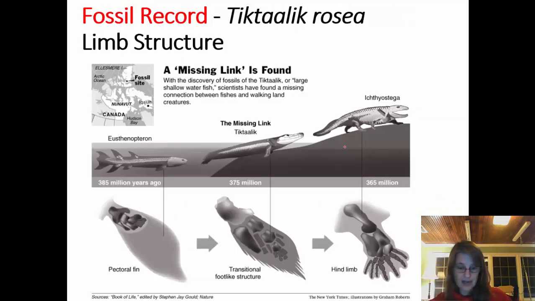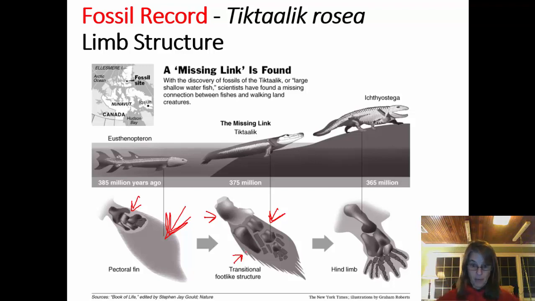If you look at this diagram here, in the ancestral fish that the Tiktaalik would have come from, we see mostly a fin, mostly a fishy fin. There's some bones up in the upper proximal near the body part of the fin, but mostly fin. What we see here are lots more bony structures that are going to allow this fin to act much more like a supportive weight-bearing structure than this fin ever could.